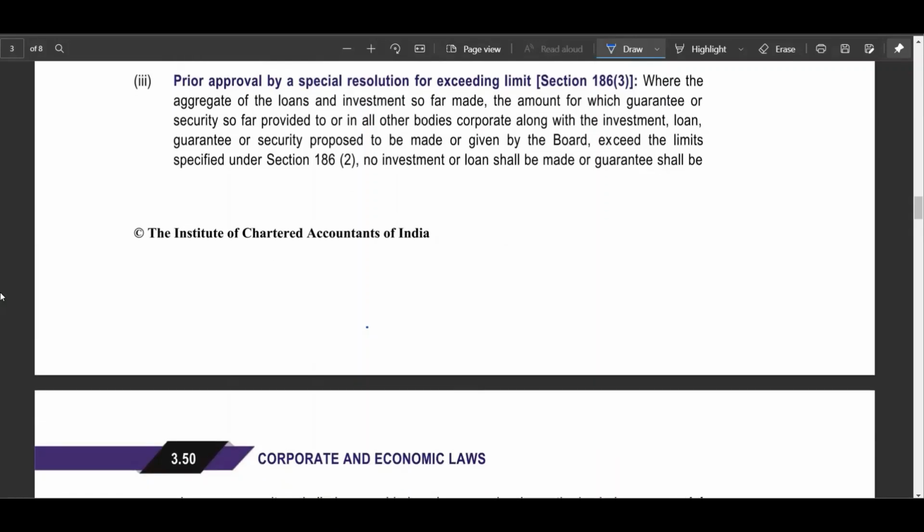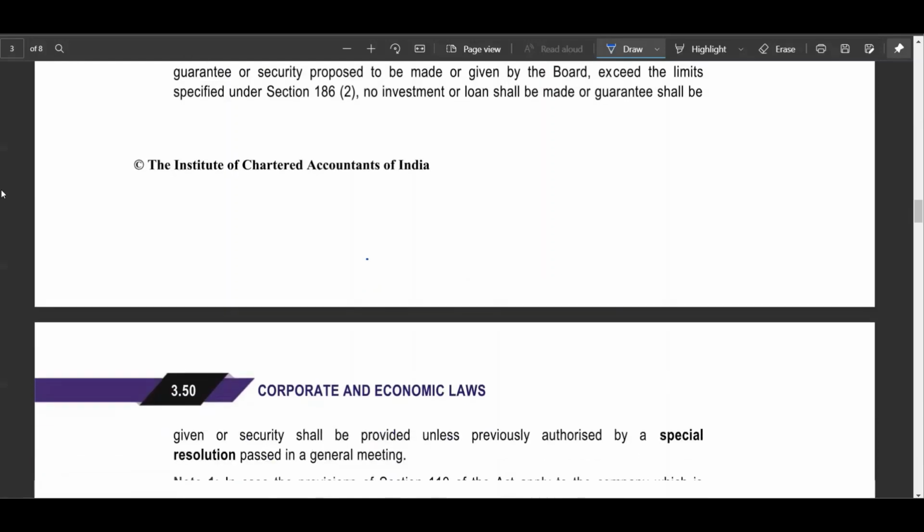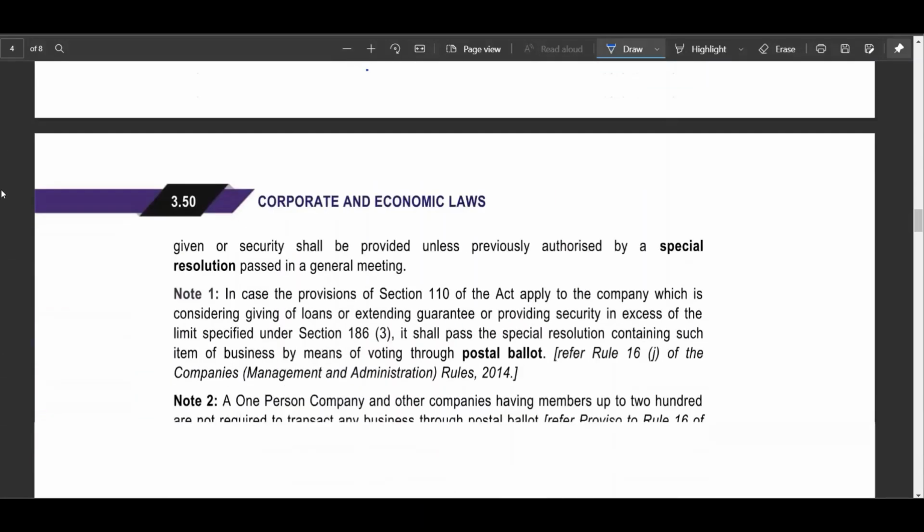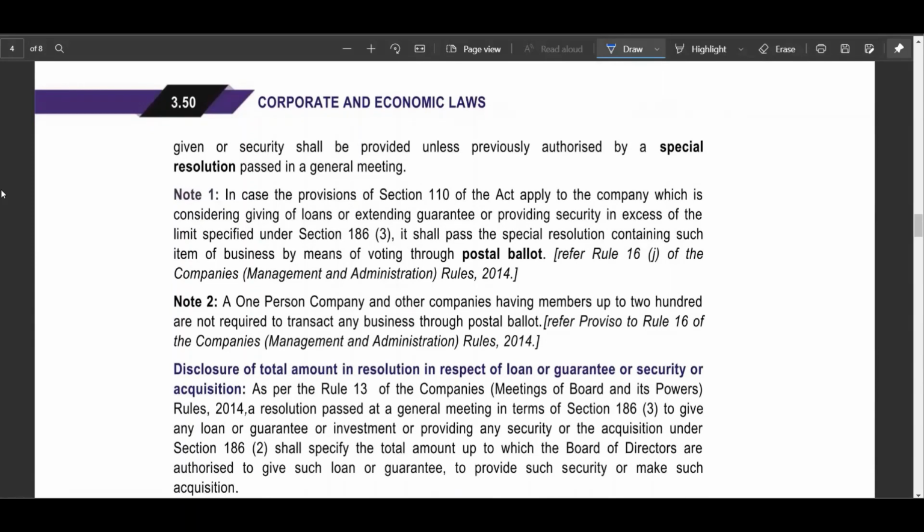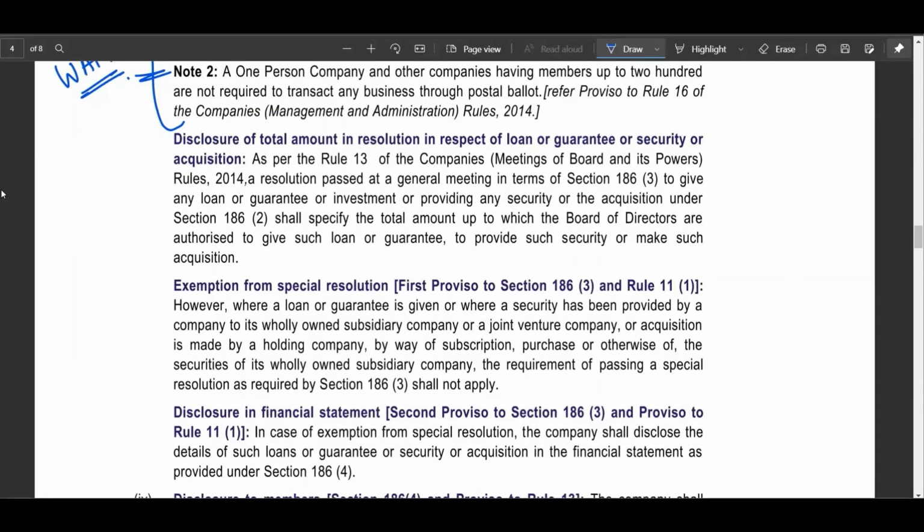Here it is given that prior approval of special resolution for exceeding limit. Again, wait for few minutes. Special resolution is mentioned, again wait. Note 1, in case of, again wait.